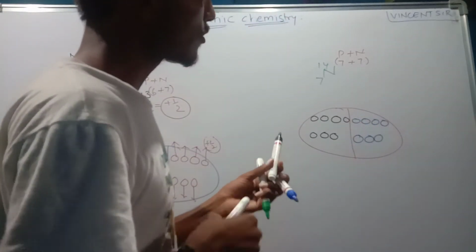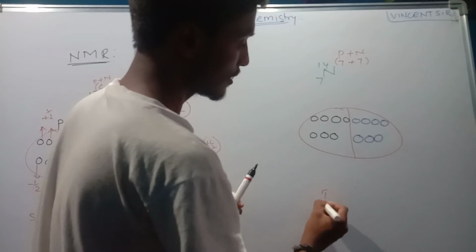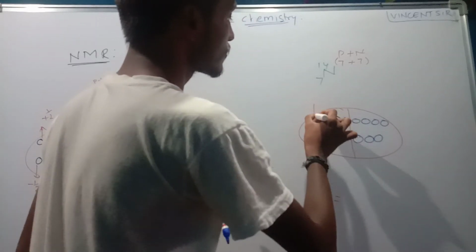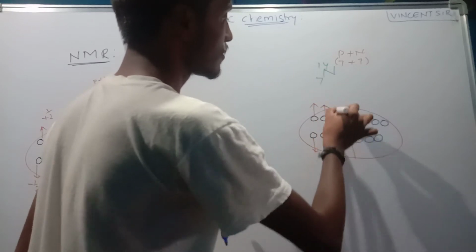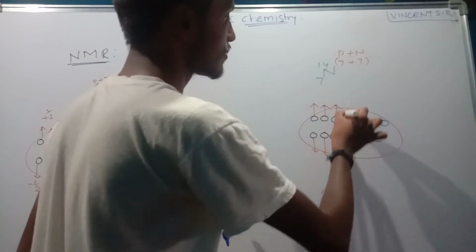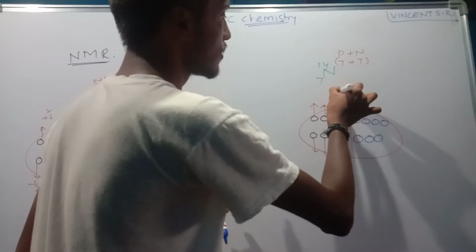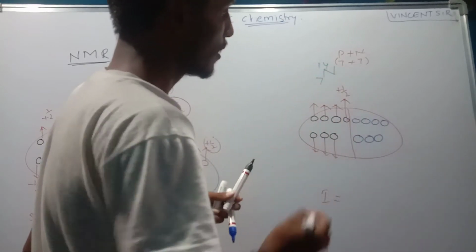Let's consider how the spin is. Plus and minus, plus and minus, plus and minus, and one plus left over.